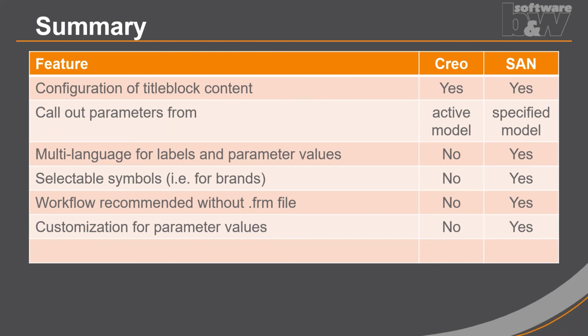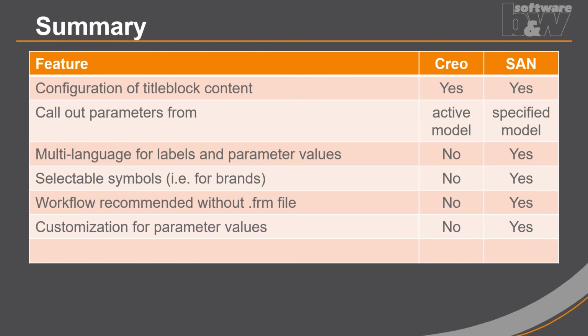Keep in mind that if you're calling out parameters from a drawing, Creo always uses the active model as a callout source. In SMARTAnnotate, you can specify the model and block this, and the user cannot make errors here.